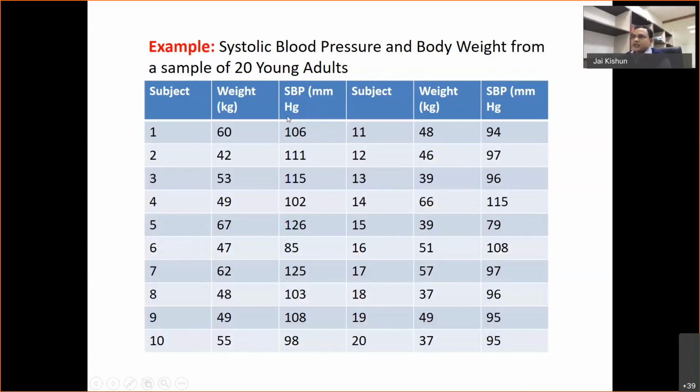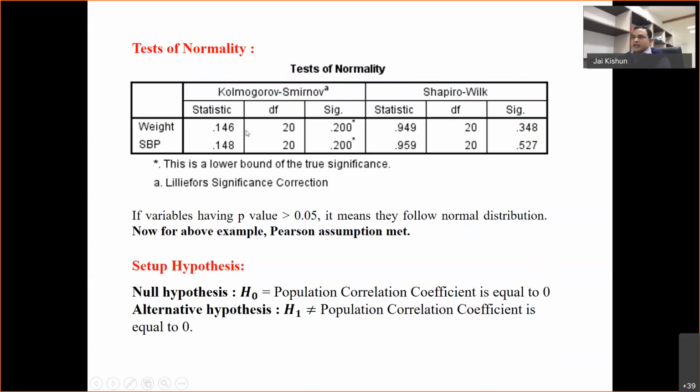Now see another example. Here we have taken 30 individuals, with their weight and their SBP. When we go through this in SPSS software, we first check the normality of these two variables, weight and SBP, through the KS test or Shapiro-Wilk test.